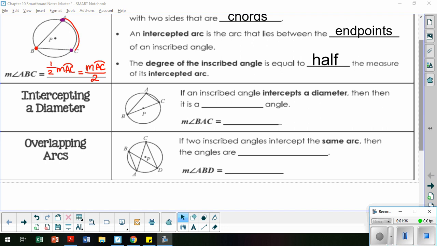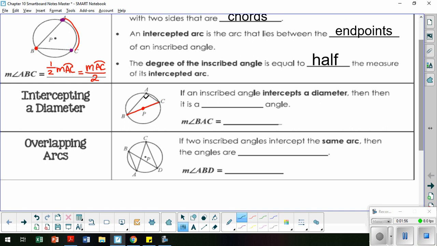Going down to intercepting a diameter, which means that this is intercepting right through the center. So it's actually part of the angle, and it kind of looks like a triangle. There is a right angle right there.